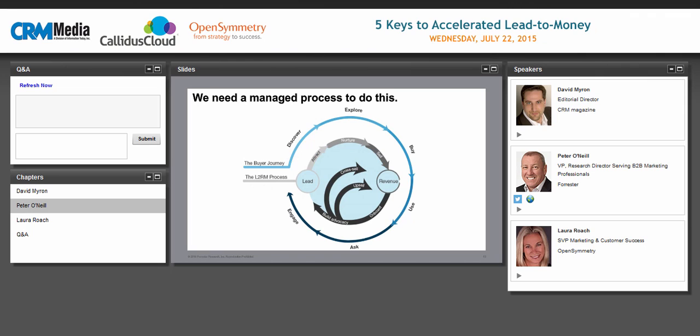The playbook is a standard layout of reports, and it helps clients understand to generate the business case to do this project, the lead to revenue management project. It helps them to develop success metrics. It helps them to understand how to reorganize. It helps them to understand maybe what technology to buy to support the lead to revenue management process.